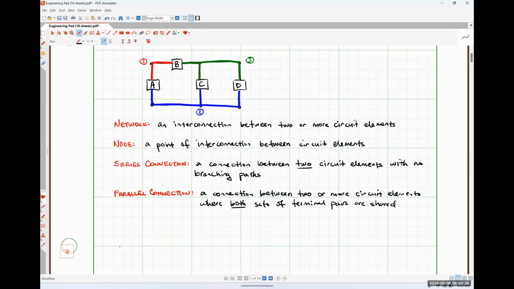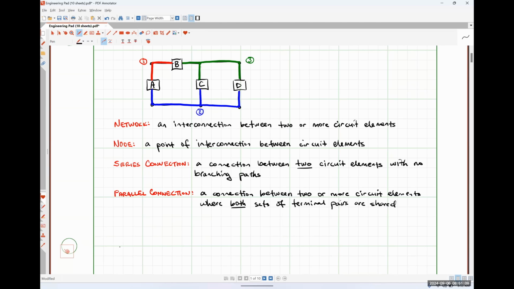So while they do share the green node, the left-hand terminal of element B is connected to the red node, while the bottom terminal of element C is connected to the blue node. So since they don't share two sets of colors, they can't be connected in parallel either. So elements B and C are not connected in parallel, nor are they connected in series. And that's perfectly okay.